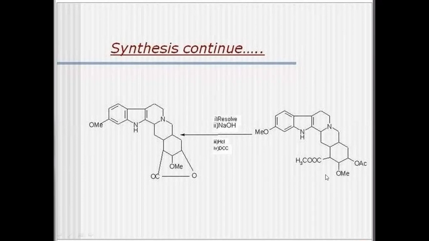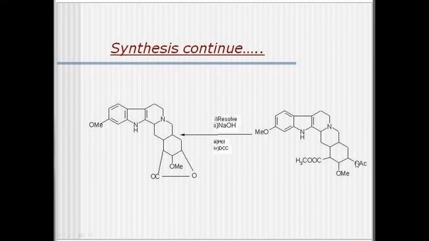So whenever we get a racemic mixture, we have to resolve and separate the 2 mixtures. Then it is treated with sodium hydroxide followed by the acid. Then it is treated with dicyclohexyl carbodiimide. So on hydrolysis, here the ester group gets converted to acid.